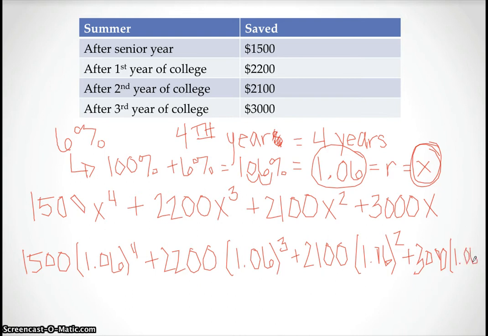I'm sorry, this handwriting is awful. I'm using a different laptop than I'm normally used to, so I hope you can read that. Essentially, I just took the X's and plugged in our actual rate, which is 1.06, into that.